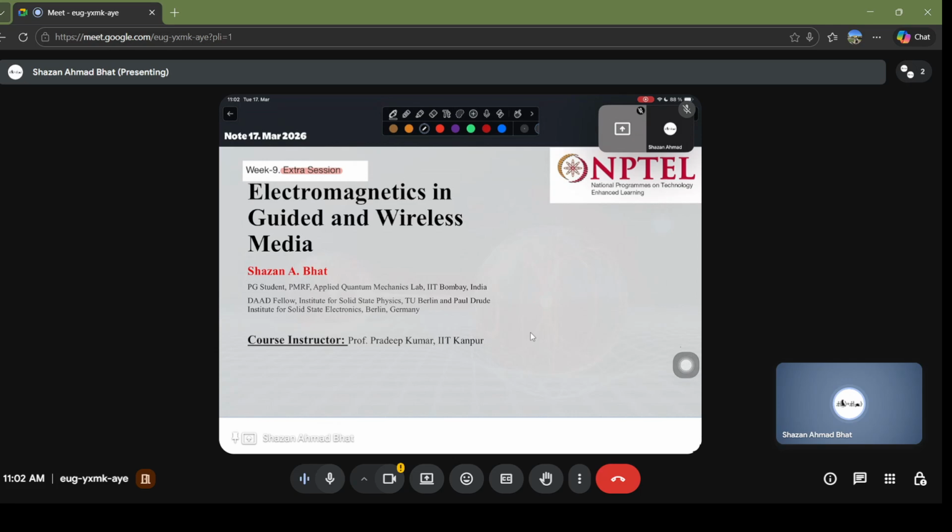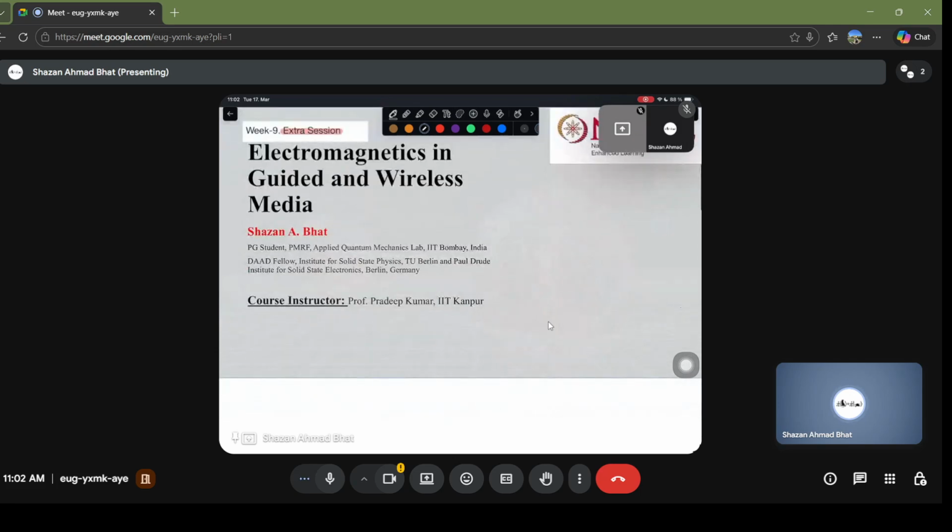And essentially what we are going to do for this session, we are into week 9, which is basically an extra session, is to brush up your concepts from week 1 going to week 8. So we won't be dealing with all of the concepts, but the main key concepts which will be important from the conceptual understanding point of view.